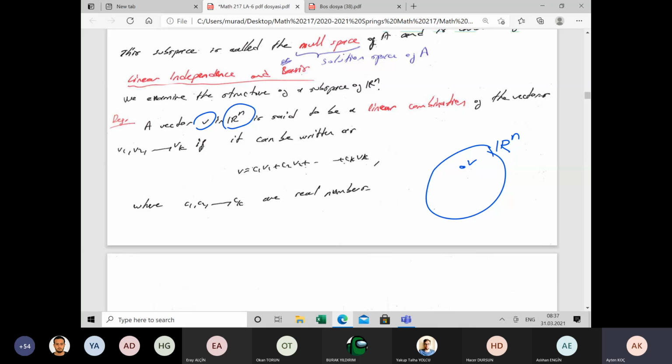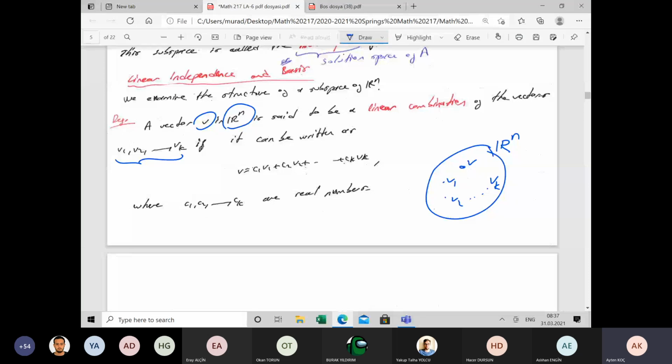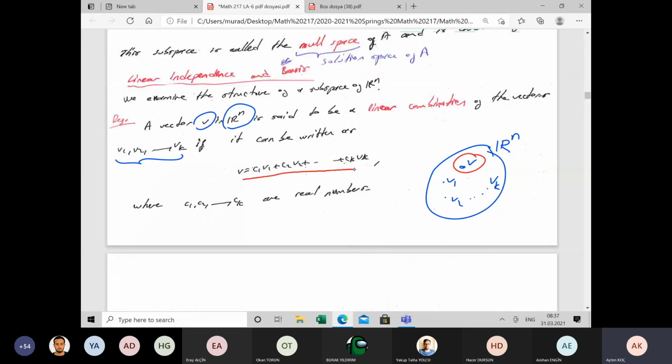We also have k vectors, V1, V2, up to Vk. If our vector V can be written in this form, V is C1 V1 plus C2 V2 plus up to Ck Vk, then we can say that V is a linear combination of vectors V1, V2, Vk.